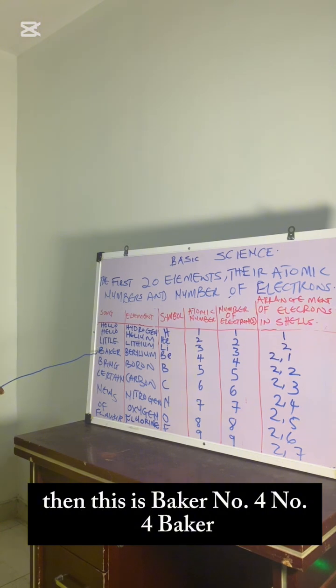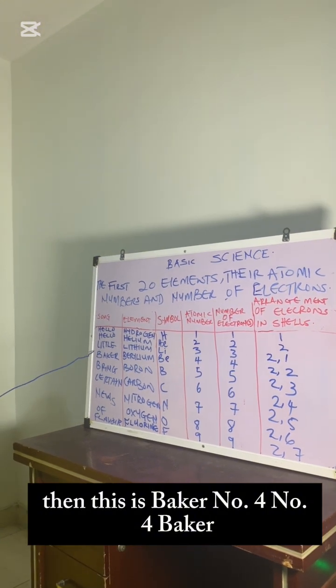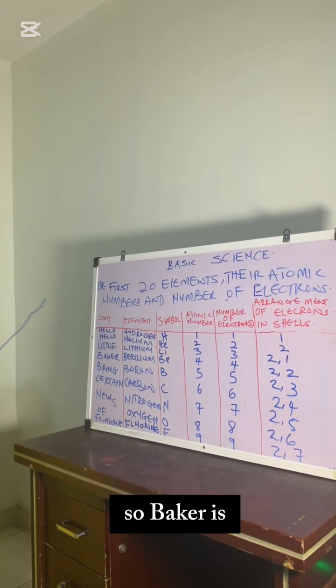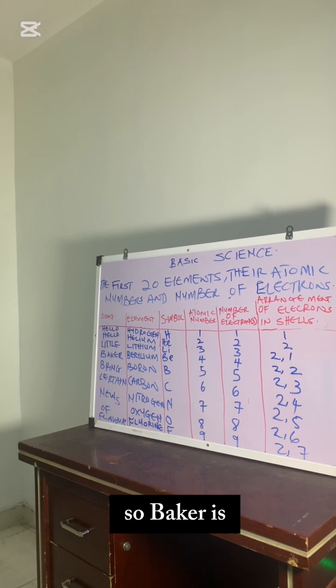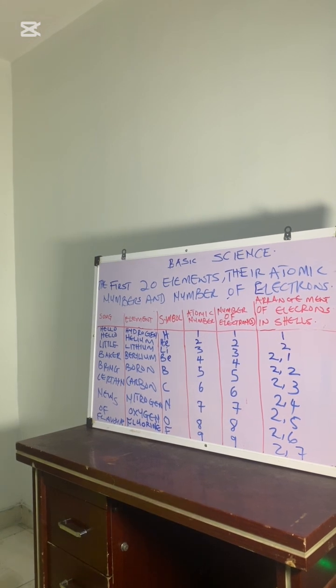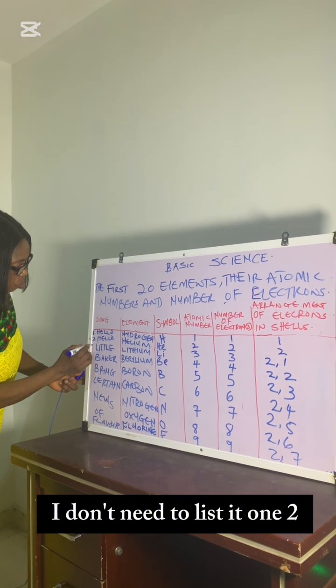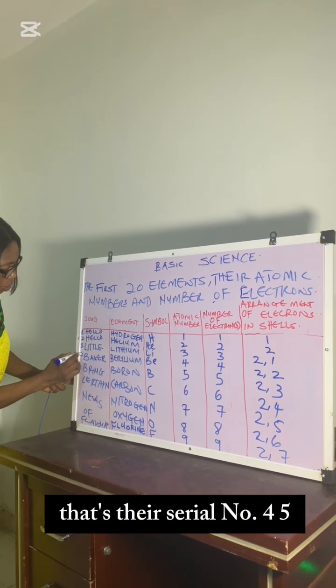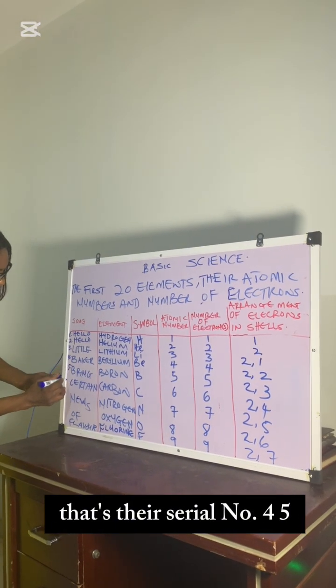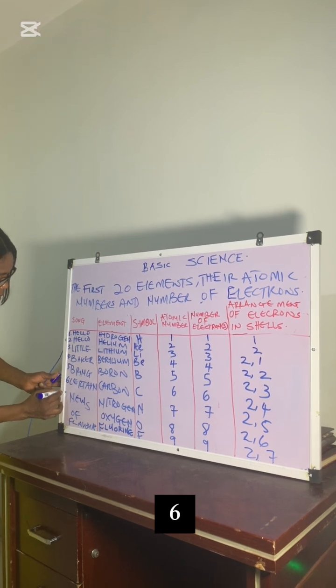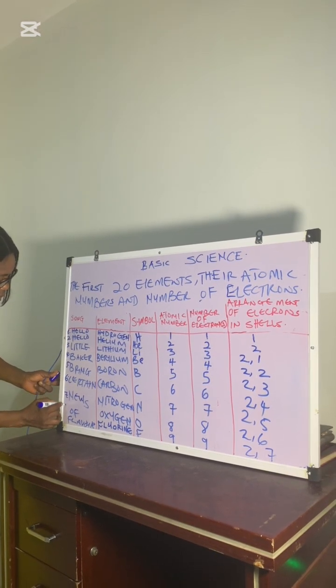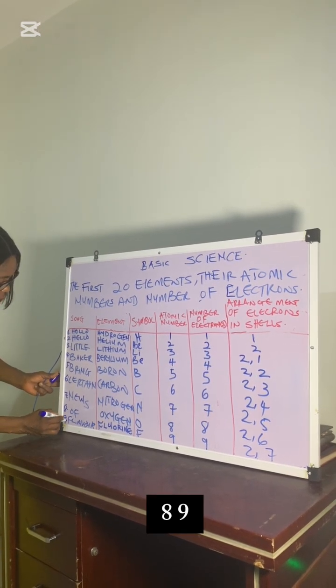Then this is "Baker", number 4. Let me list the serial numbers: 1, 2, 3, 4, 5, 6, 7, 8, 9.